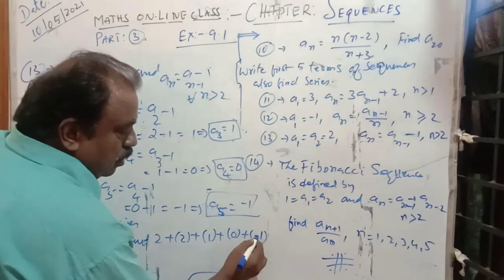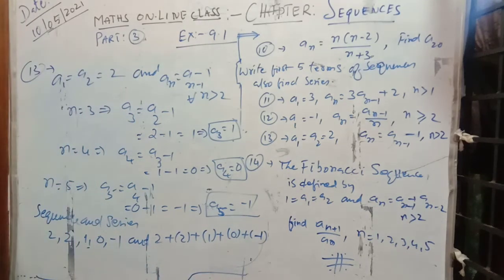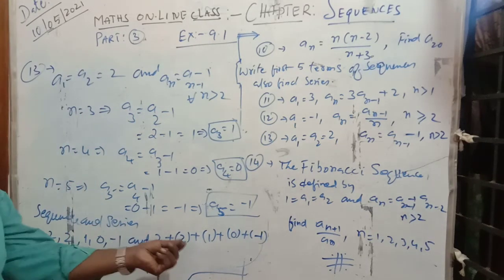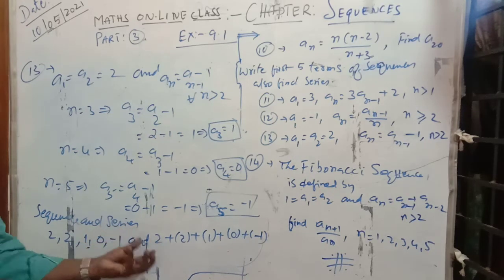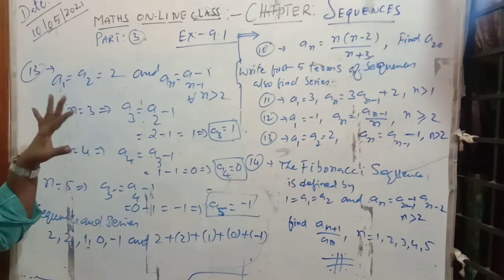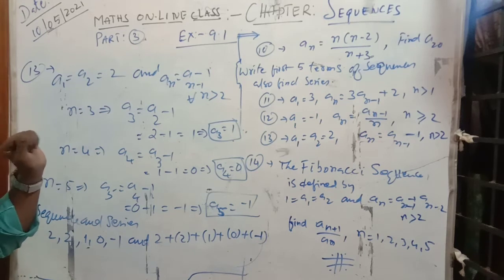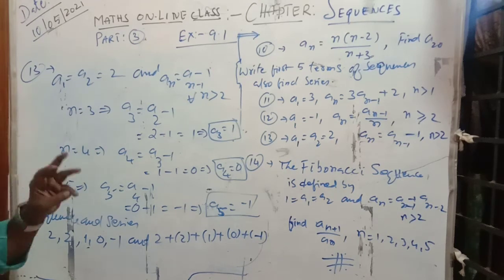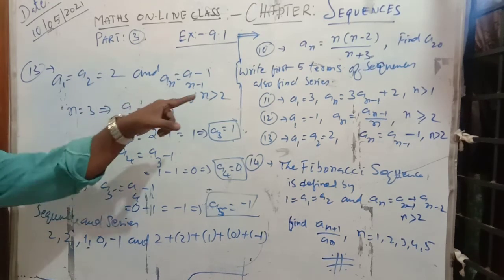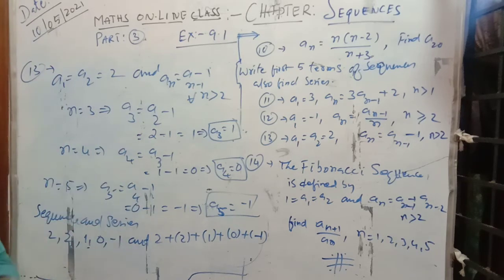Okay? It is series. Series means just we are giving the sign plus. We connect all the numbers of the sequence with the sign plus. So these are the first 5 terms of the problems 11, 12, 13. In the 11th problem, I forgot to write the series. Please, you take it down. Okay, Rena? Yes, pause.